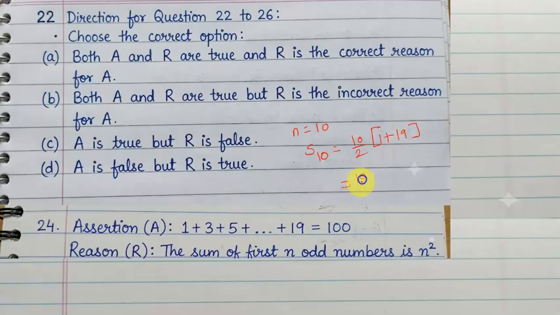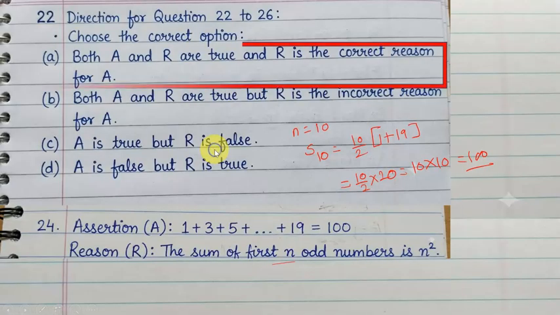That is 10 upon 2 into 20, that is equal to 10 into 10, which is 100. Next, the formula is also correct, that is the sum of the first n odd numbers is n square. And hence here both A and R are true, and R is the correct reason for A. Option A is correct here.